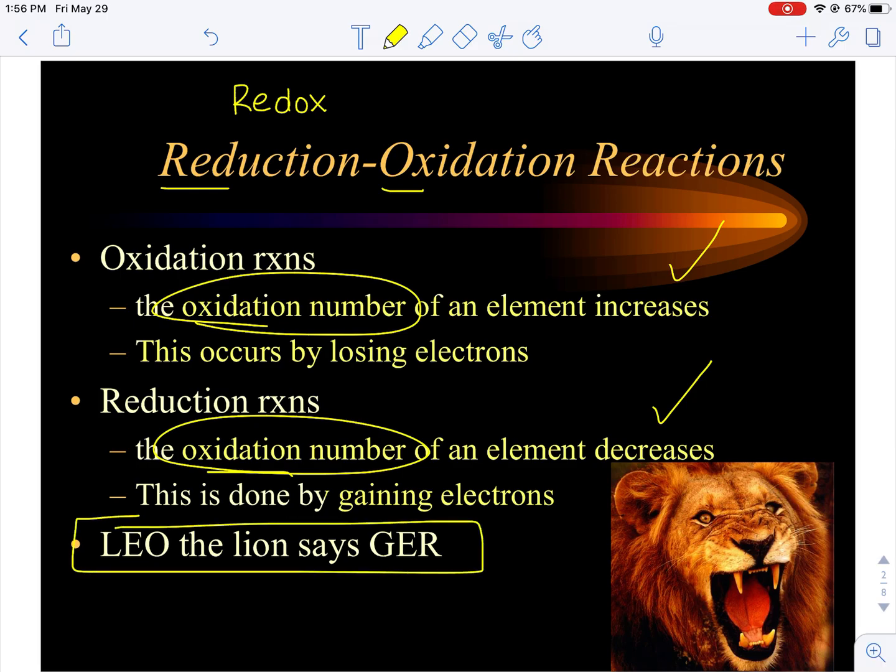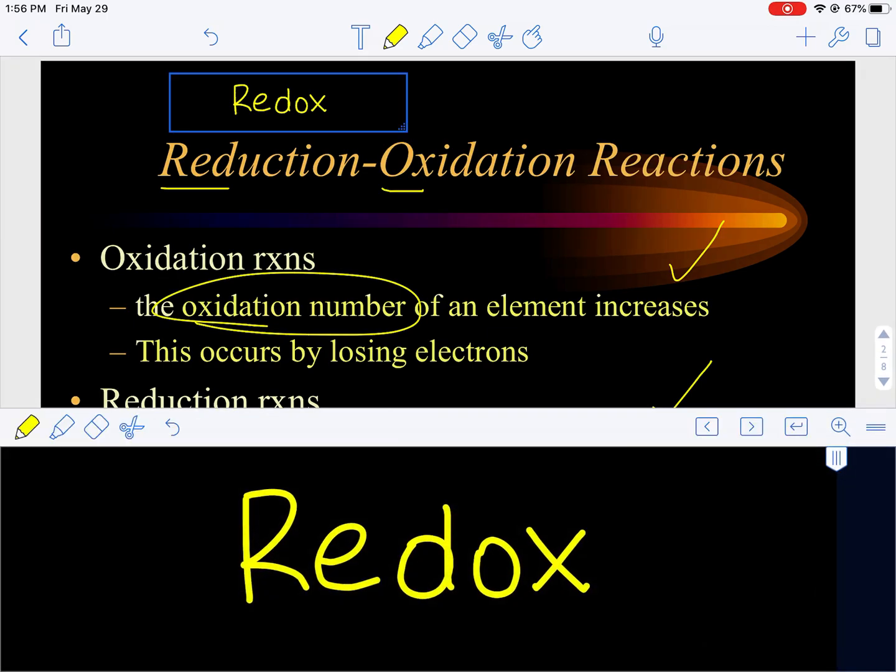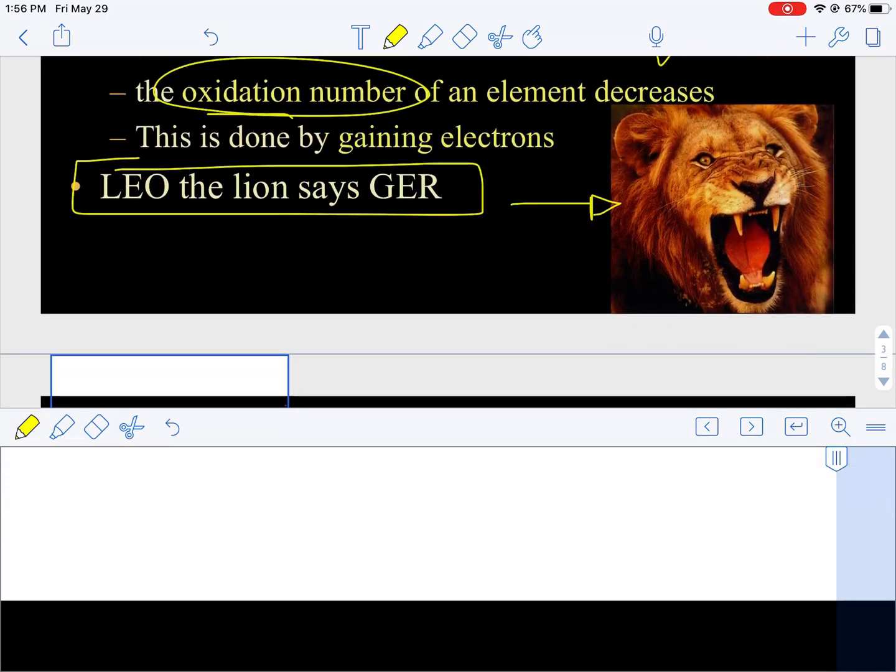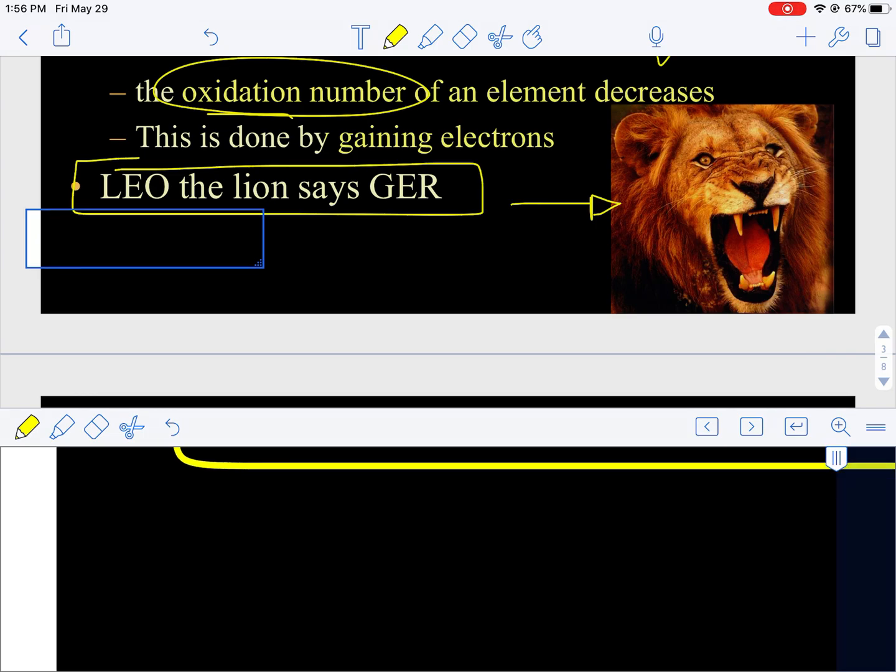Our final bullet here gives us a little sentence saying Leo the lion says grr, and that's our Leo the lion, and when he roars it sounds like grr. The reason why Leo and grr are written in capitals is because they are acronyms.